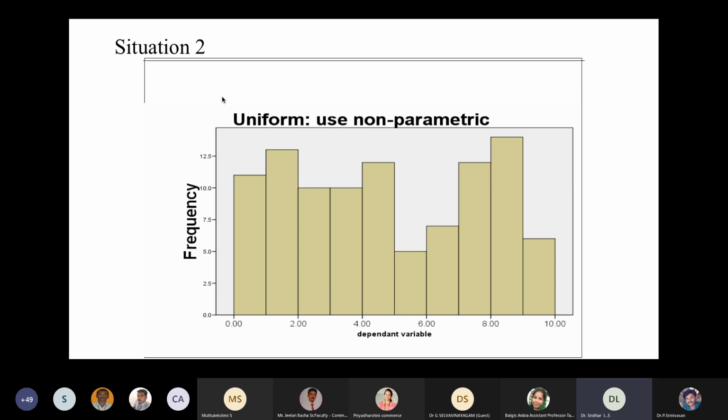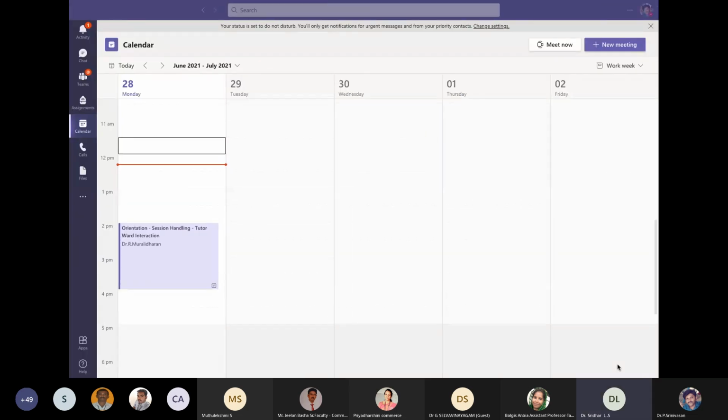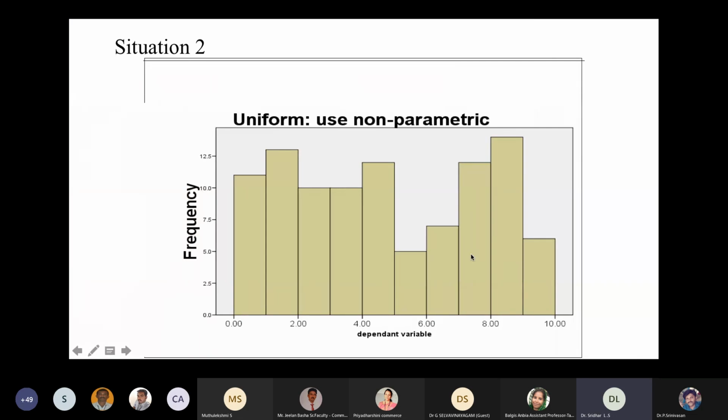Yes, sir. When it is non-parametric, you can see the histogram which is plotted, but the data is more or less equal, and you cannot declare this is parametric.